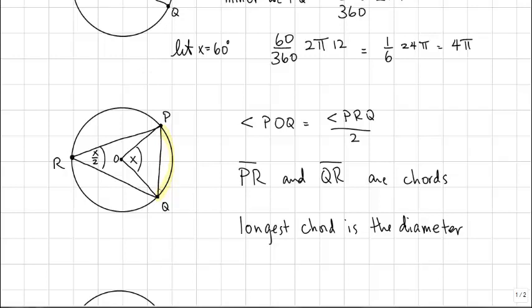Another property is that if a central angle contains a chord of a given length, then any other central angle containing a chord of the same length will be the same central angle. Or similarly, an inscribed angle containing a chord of a given length will be the same as any other inscribed angle containing a chord of a given length.